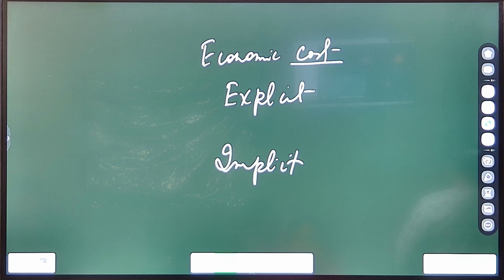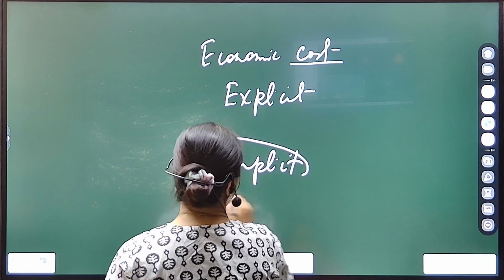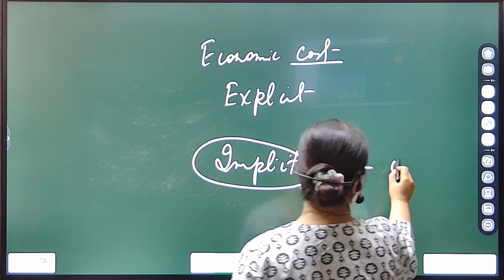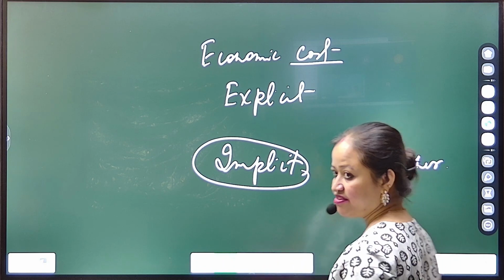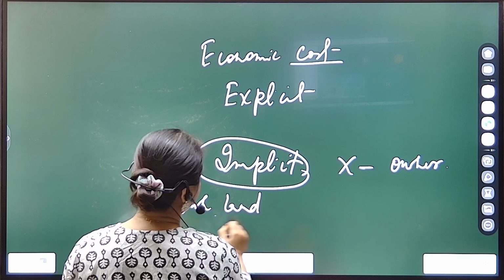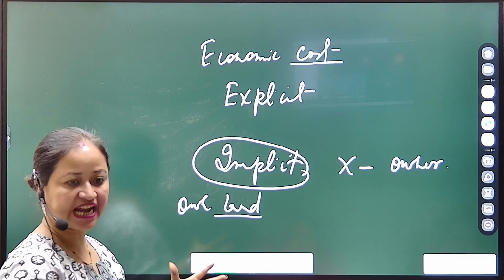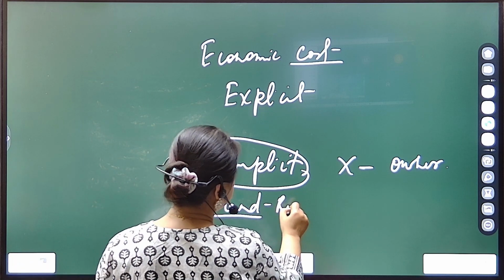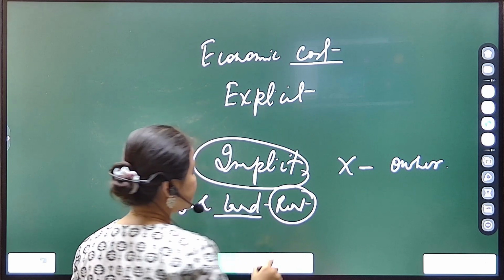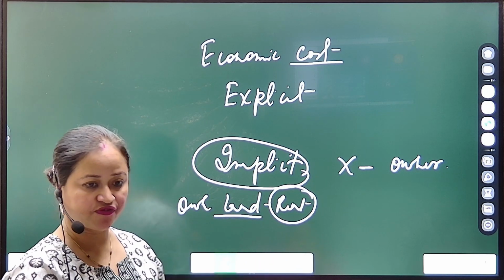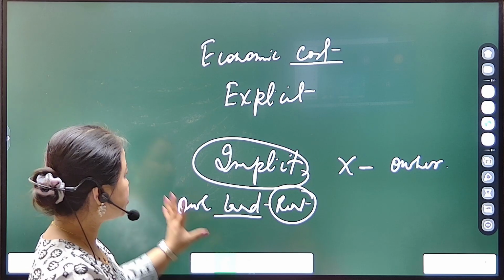That is your implicit. Okay, so first I'll discuss implicit. Here Mr. X is the proprietor, the owner of the business. Fine? If he has his own land, and in the business he is using his own land, and for that there is a rent involved, but it is his own land and he is using it for business purpose, so that is your implicit cost.